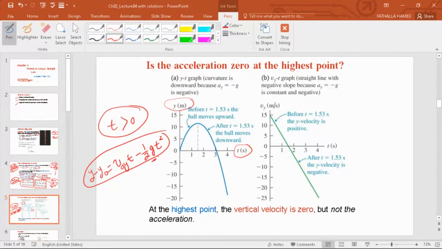Now, as I told you, you can always choose at t equal to 0 your y0 is equal to 0, but the v0y is basically a choice. Are you dropping, are you throwing up, or are you throwing down? So you have to be careful with that.